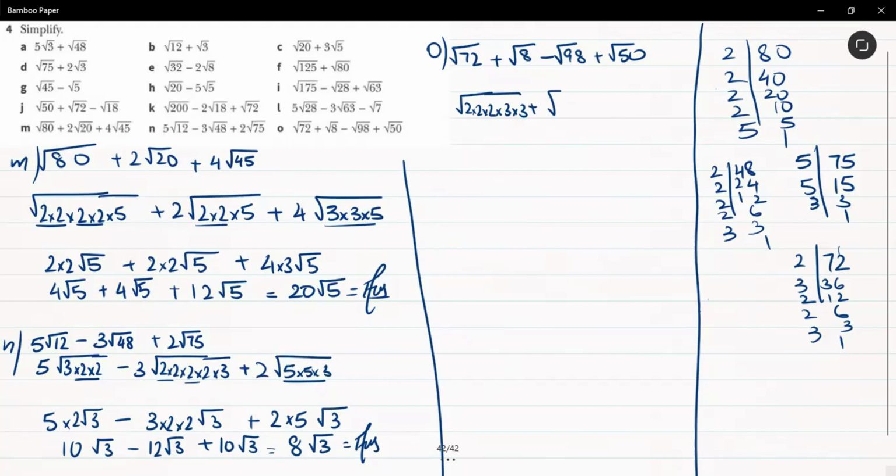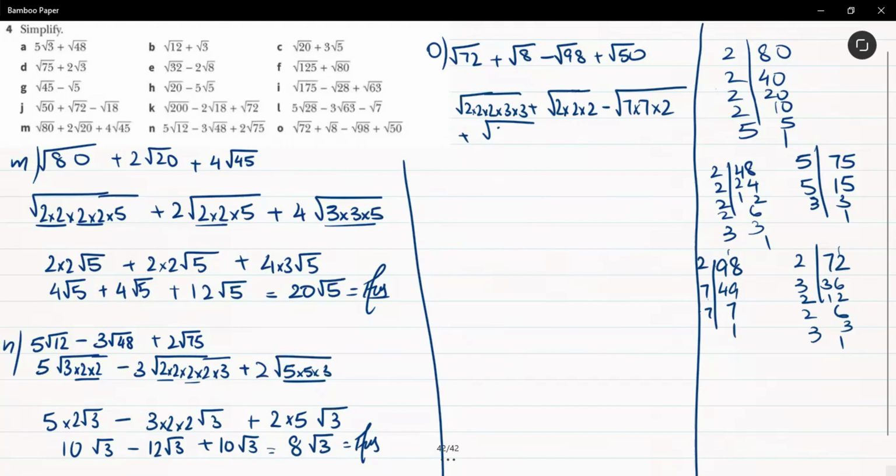Plus under root 8 equals 2 multiplied by 2 multiplied by 2. Minus under root 98 equals... 98. So 2 9s are 18, 7 7s are 49, 7 1s are 7. So it's equal to 7 multiplied by 7 multiplied by 2.